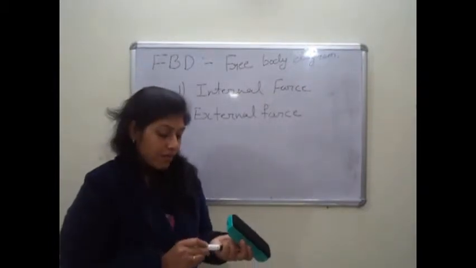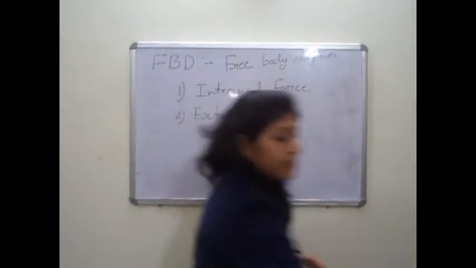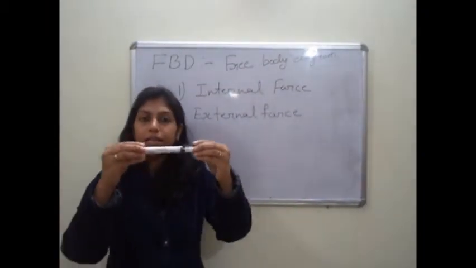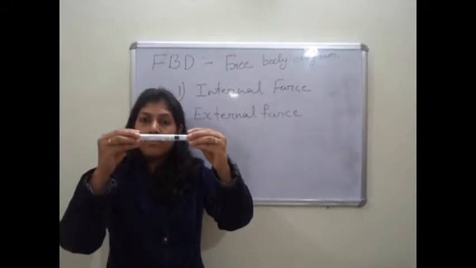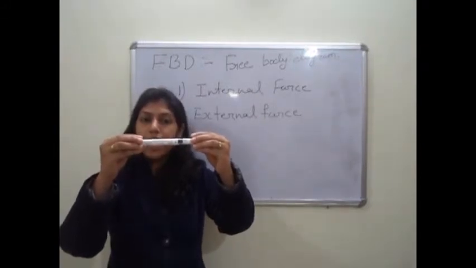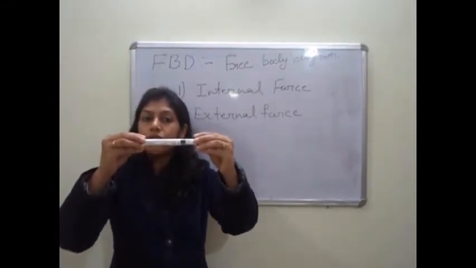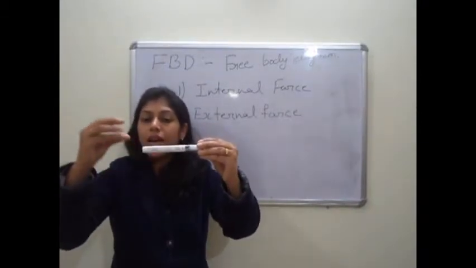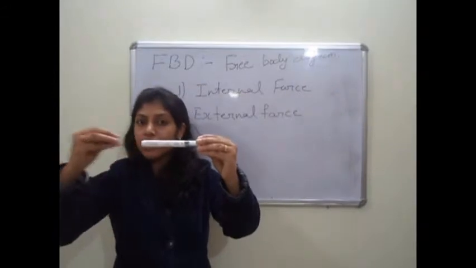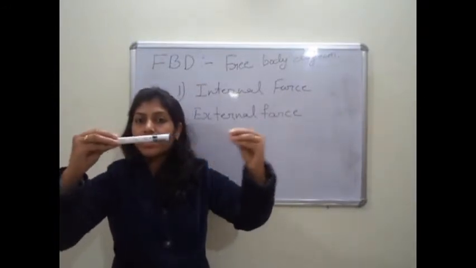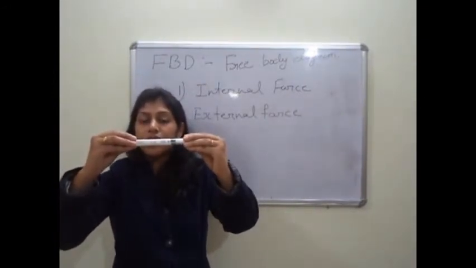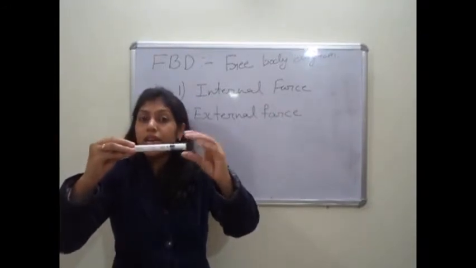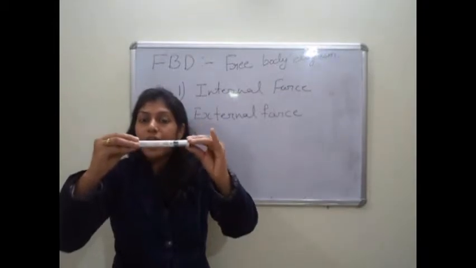For example, if I am considering this pen as a bar and I am pulling this pen from both ends, applying equal and opposite forces at both ends, the magnitudes of the forces are equal, one in this direction and one in this direction. So what are the internal forces? The forces which help to keep the body in a rigid condition, as it is.